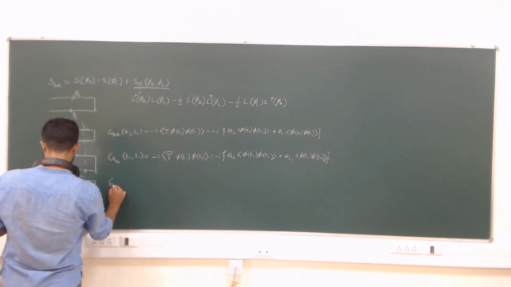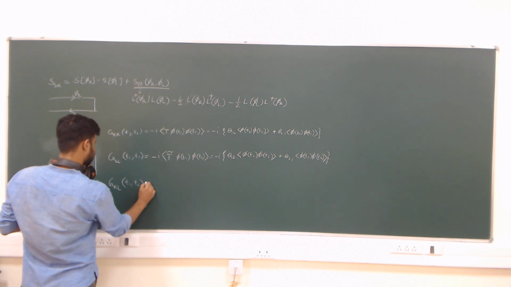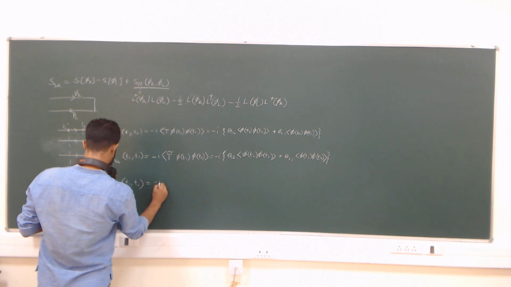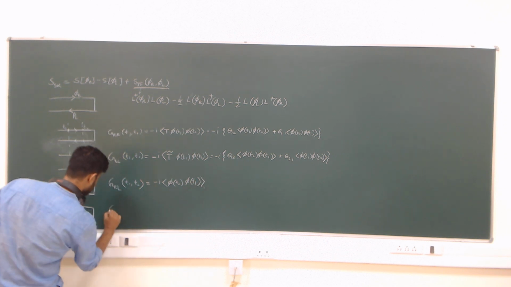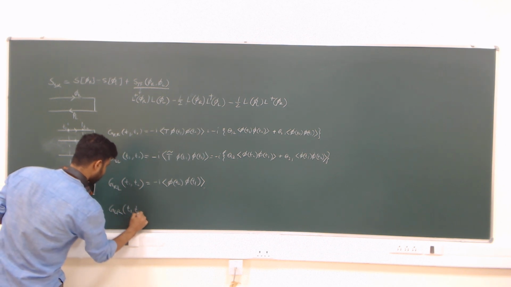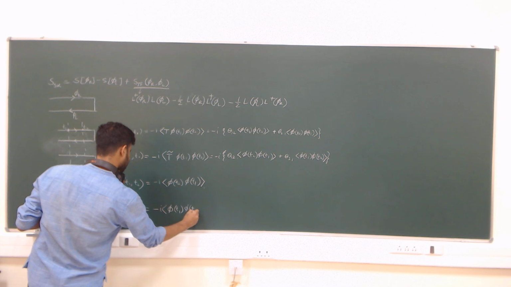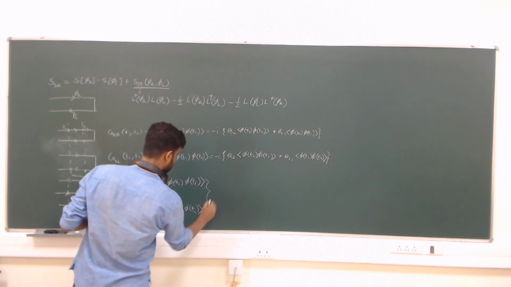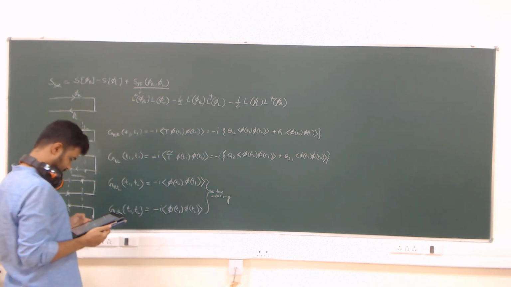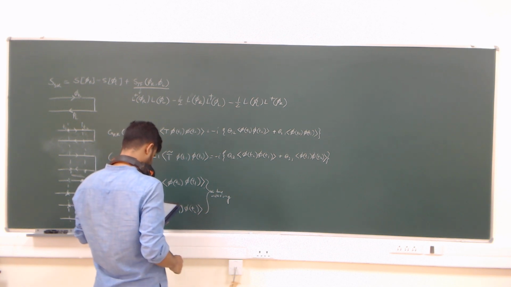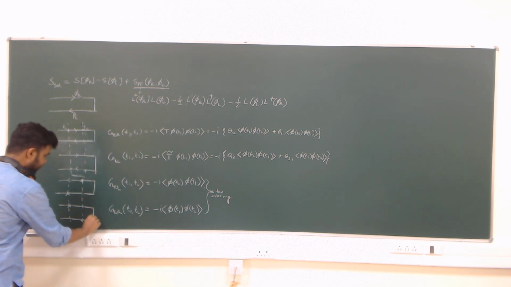So I write this as G_RL, because in the contour we are starting from R. And these two are also on-shell propagators, because this has to cross this boundary where these are identified.